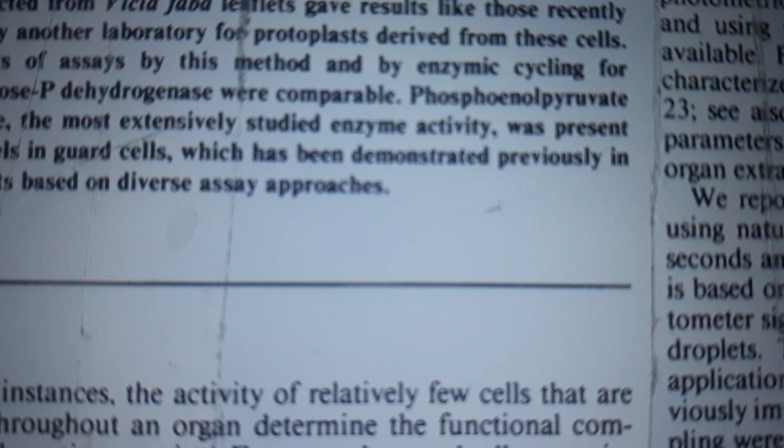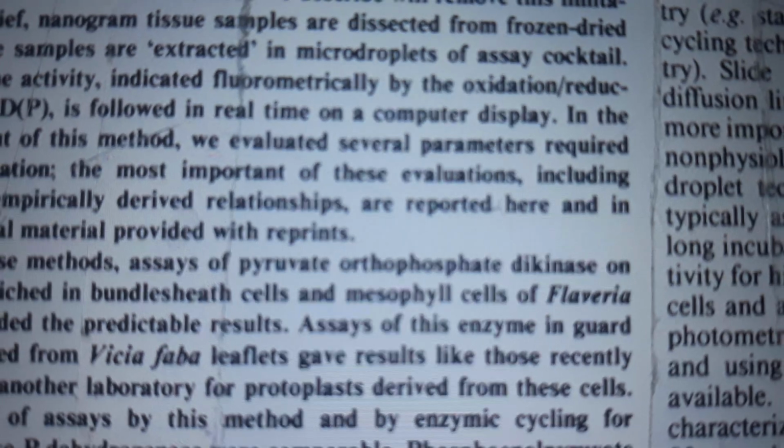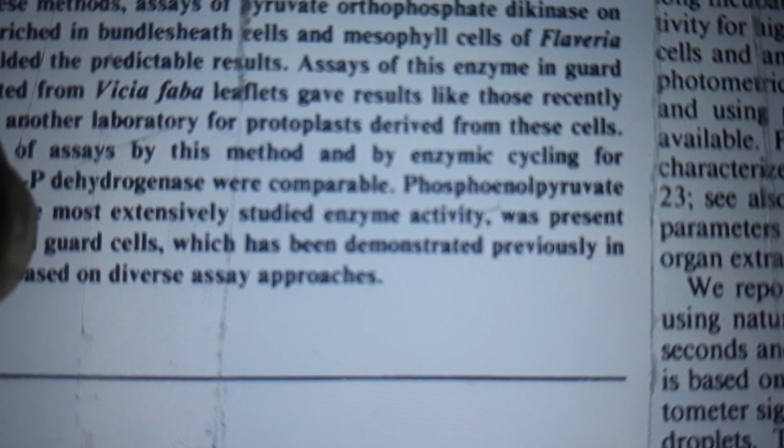The results of assays by these methods and by enzymatic cycling for NADP triose dehydrogenase were comparable. Phosphoenolpyruvate carboxylase, the most extensively studied enzyme activity, was present in high levels in guard cells, which has been demonstrated previously in other reports based on diverse assay approaches. That's about the abstract of this article.